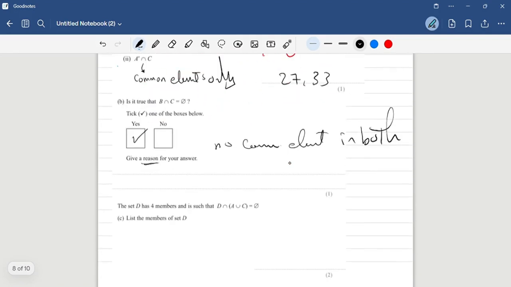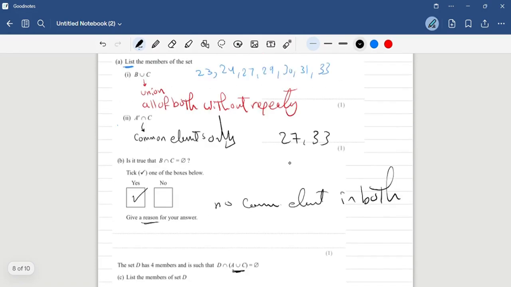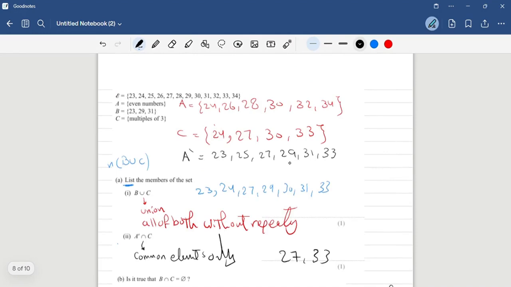Now, the set D has four members. He's talking about set D, which has no reference for it. And he said that D is such that D intersect A union C equals phi. So, the first thing we have to know is what A union C is. A union C means all the elements of A and all the elements of C. And D would be any element but both of them.